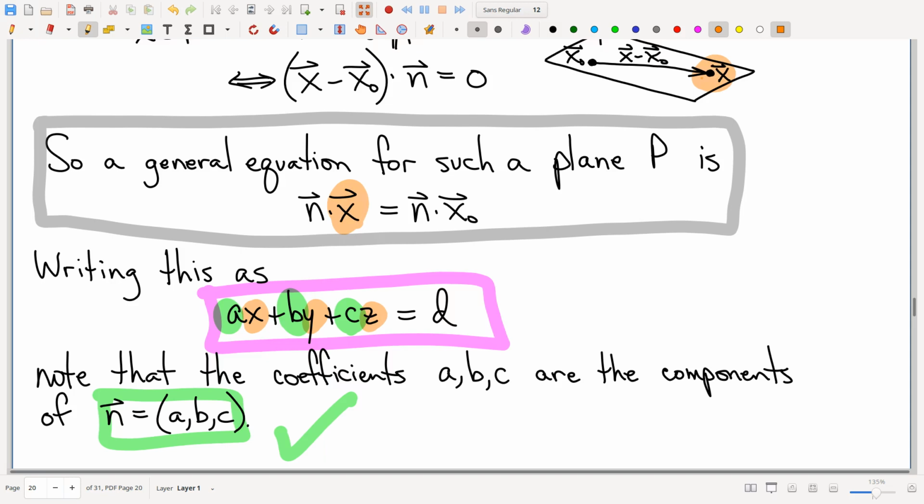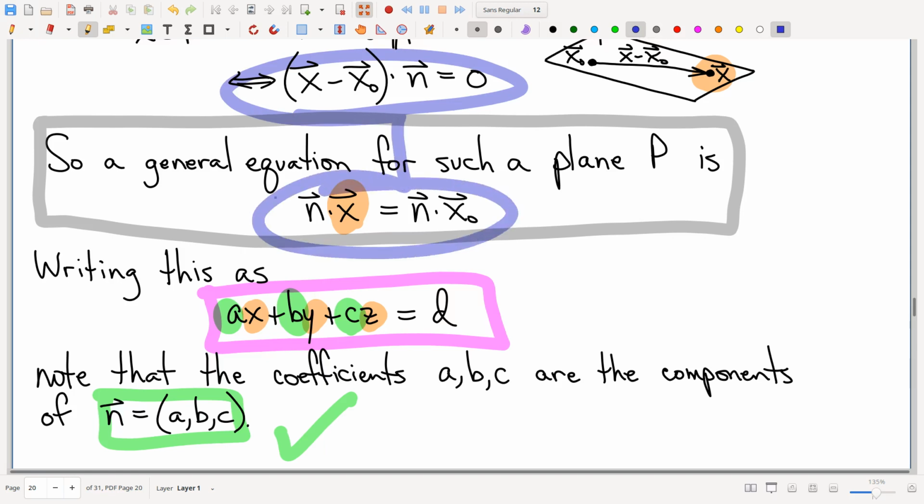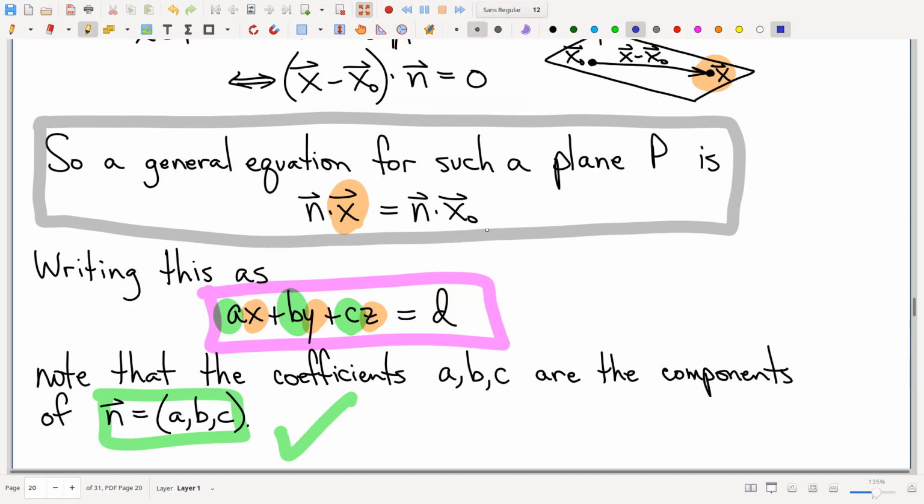Yeah. And if it was on the plane, would that be 0? Would D equal 0? Nope. So you've got to be careful not to conflate these two equations, right? So if you're talking about n dot x on the left, then the right is n dot x naught, right? It's only if you're looking at difference dot normal on the left that you get 0 on the right. Yeah.